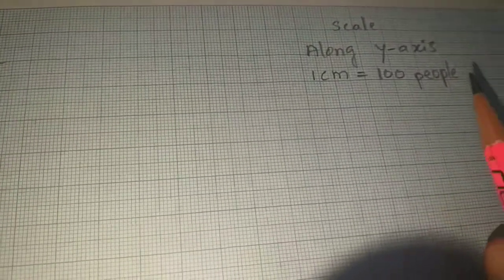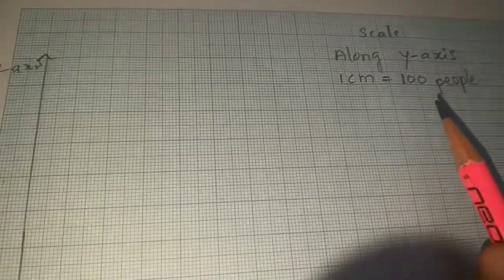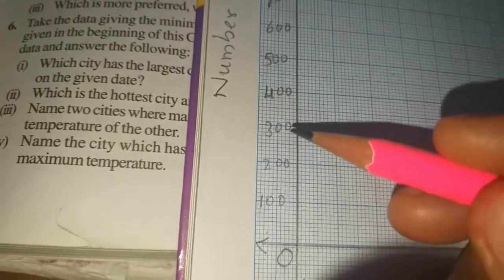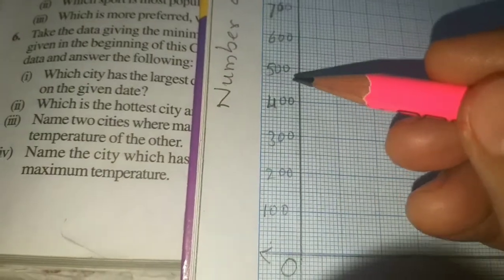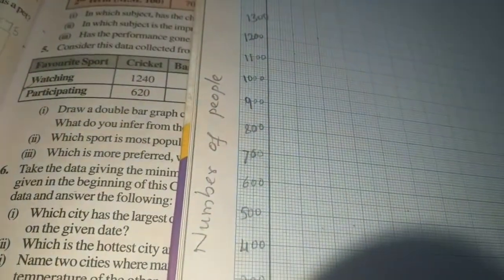The scale should be the difference between each main division, not the smallest. These thick lines are the main divisions. 100 minus 0 is 100, 200 minus 100 is 100, 300 minus 200, 400 minus 300, 500 minus 400, each 100. Everywhere the difference is 100. That is 1 centimeter equal to 100 people. Okay, this is about scale.